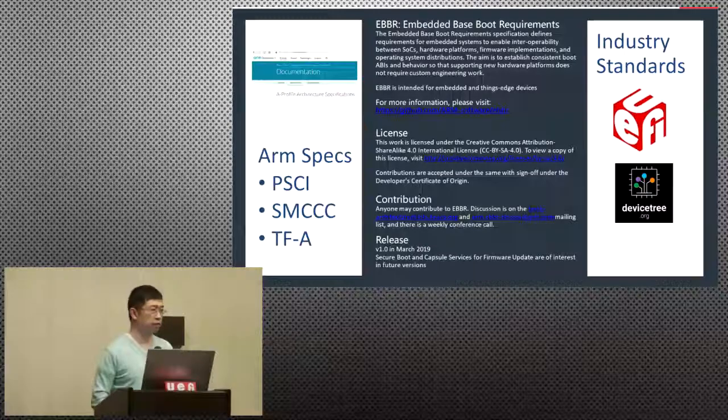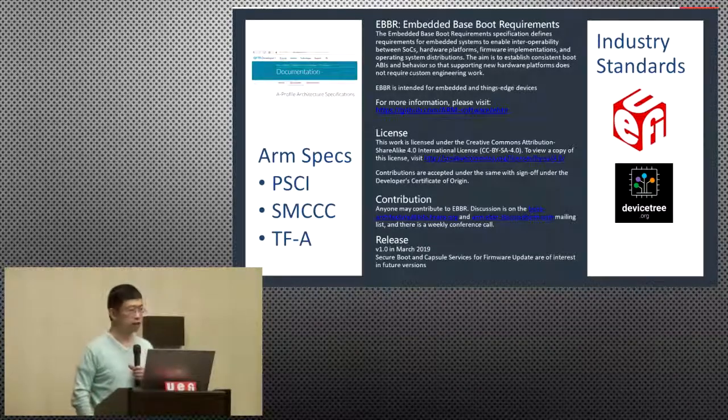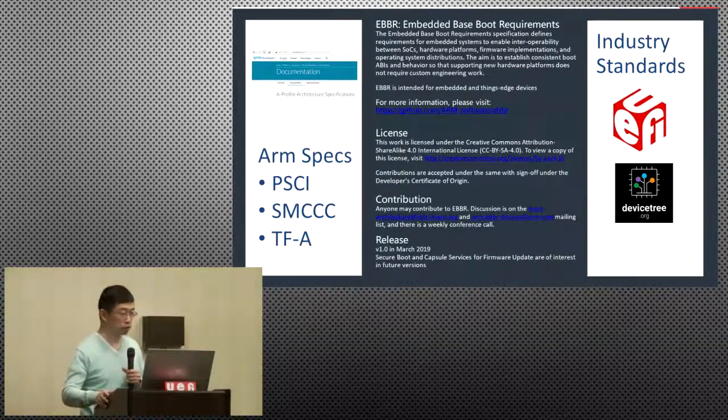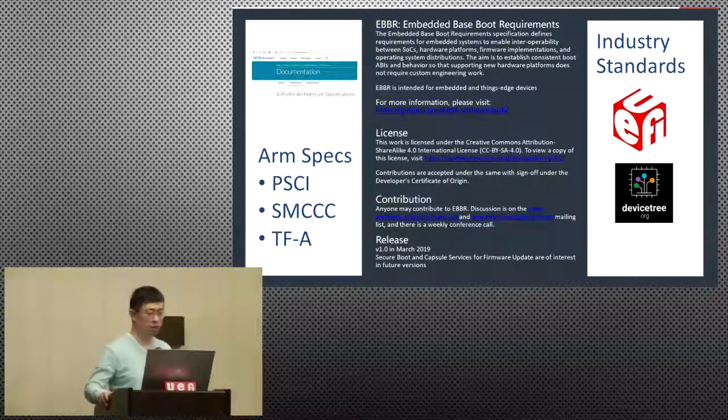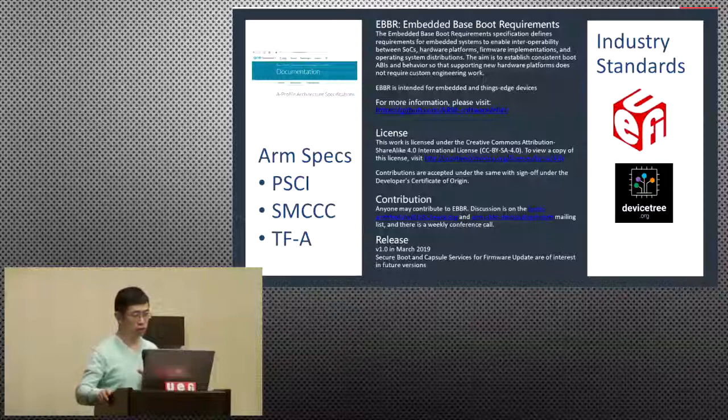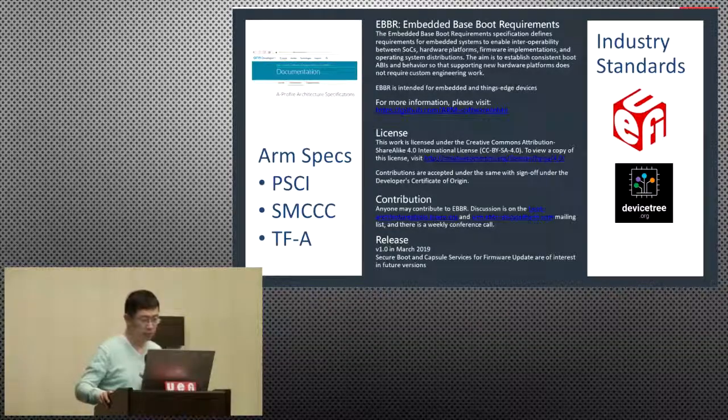and probably the edge devices that are closer to the devices, we also define a specification called Embedded Base Boot Requirements. This specification is for the A-class ARM processors in the embedded space, and it's intended for embedded devices and edge devices, meaning the devices that are closer to the actual Internet of Things.